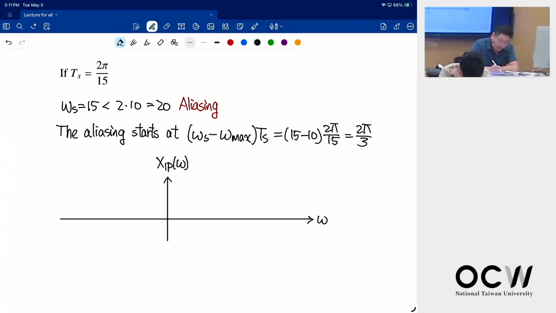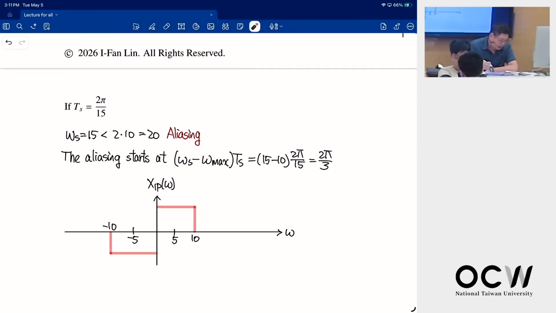So normally it should be 1 to 10, right? So this is 10, 5, minus 5, minus 10.